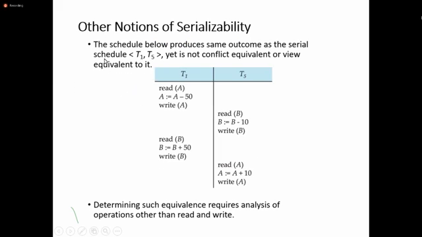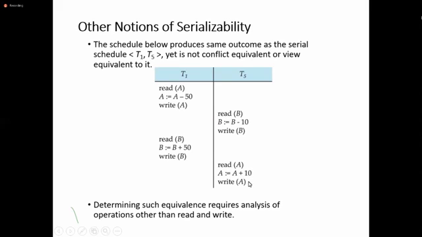Another notion of serializability. Now, the schedule below produces the same outcome as the serial schedule T1, T5, but it is not conflict equivalent or view equivalent to it. Here you read A, deduct 50 rupees and write. Read B, then deduct 10 and write. After that, the deduction from A is added to B, that is the 50.